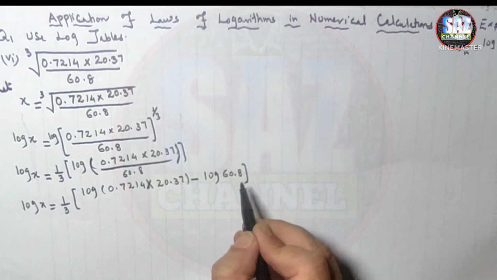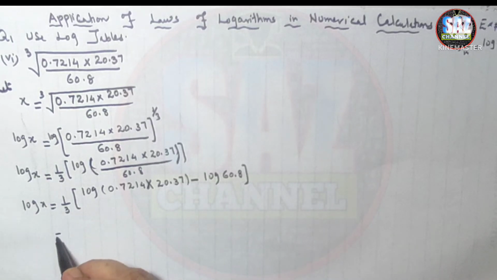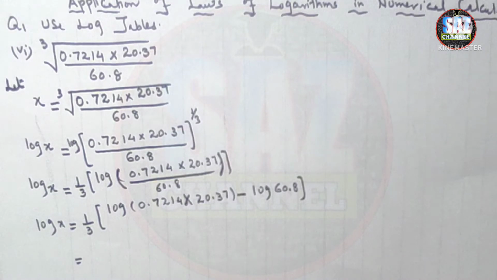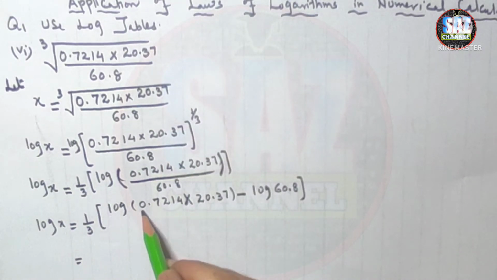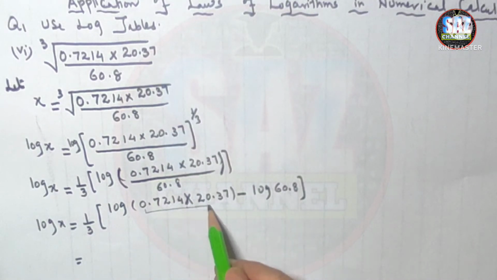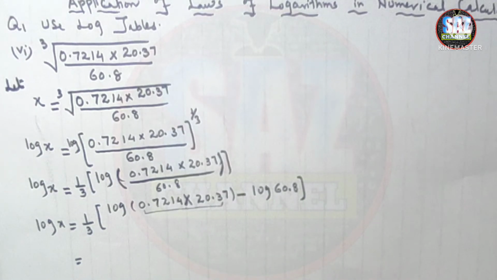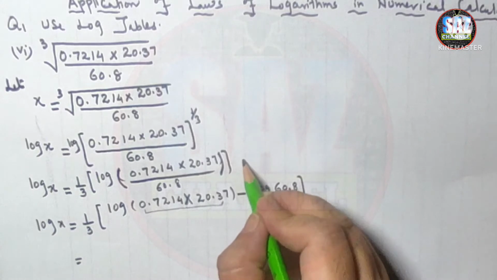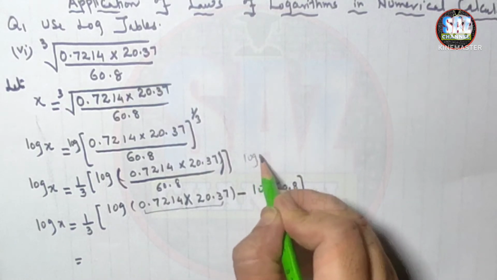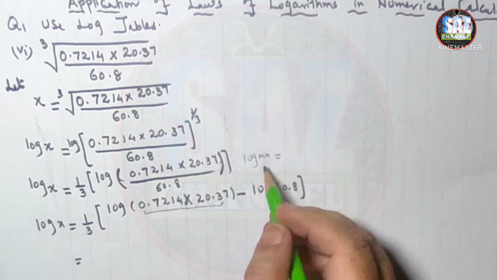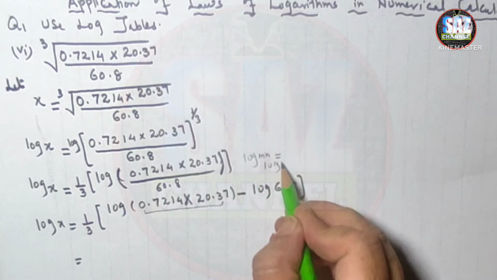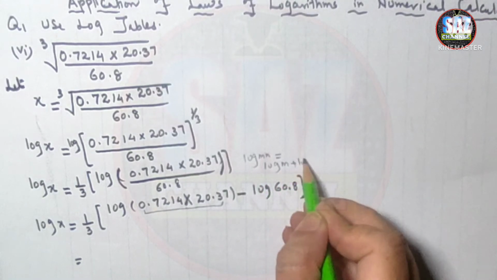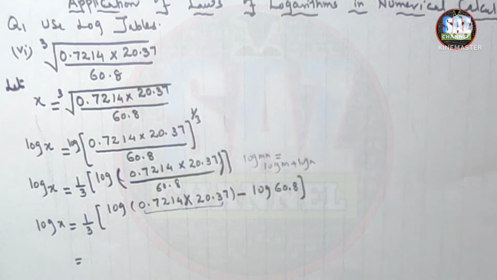Now somehow the problem has been simplified, but look at the numerator part. The numerator is the product of two numbers. So which law of logs can I write with pencil over here? Log of mn will be equal to, recall the law, that I have to take the log of the first number and then the log of the second number.